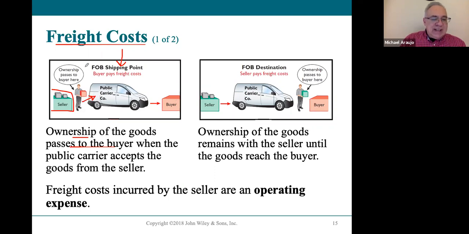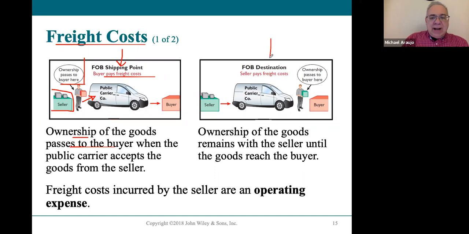As soon as they give it to the carrier, at this point, ownership goes to the buyer, which means the buyer, since they own it and it's on a truck or whatever going to them, is going to be paying for freight and insurance. They're going to make sure their inventory is safe and covered.